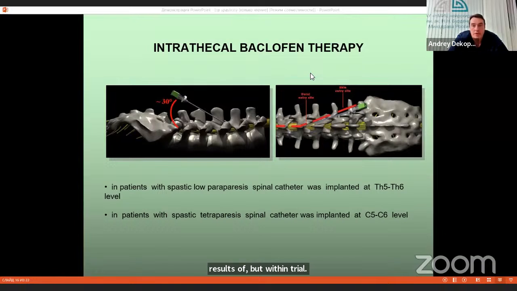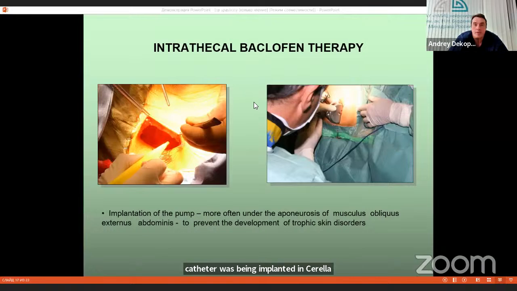We have implanted a spinal catheter at T5, T6 level in patients with spastic lower paraparesis, and in patients with spastic tetraparesis, the catheter was implanted at cervical level. Implantation of the pump was performed under the muscle aponeurosis to prevent atrophic skin disorders.